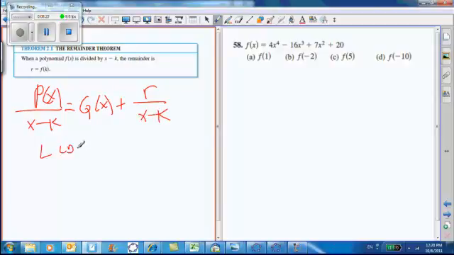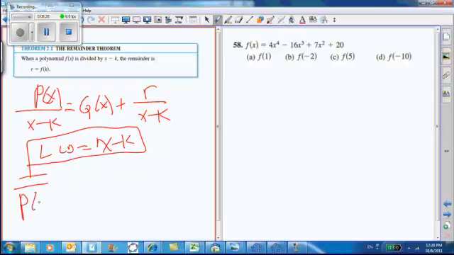So let's use an LCD now of x minus k and multiply both sides of the equation by the LCD. You get p of x equals q of x times x minus k plus the remainder. And so that remainder is what you get when you divide p of x or f of x by x minus k.